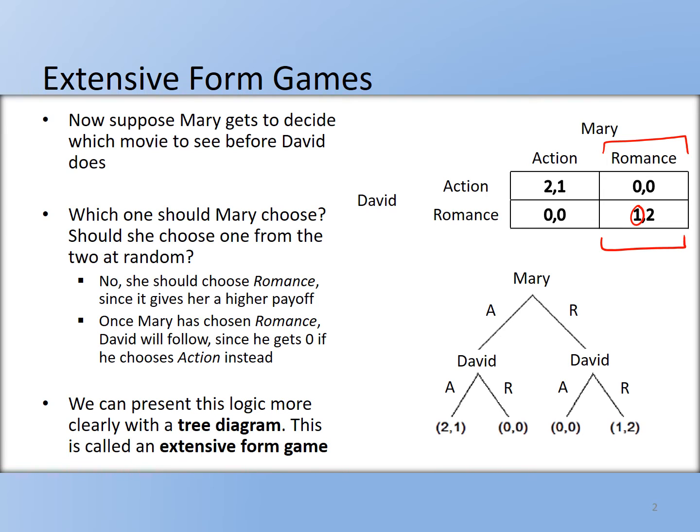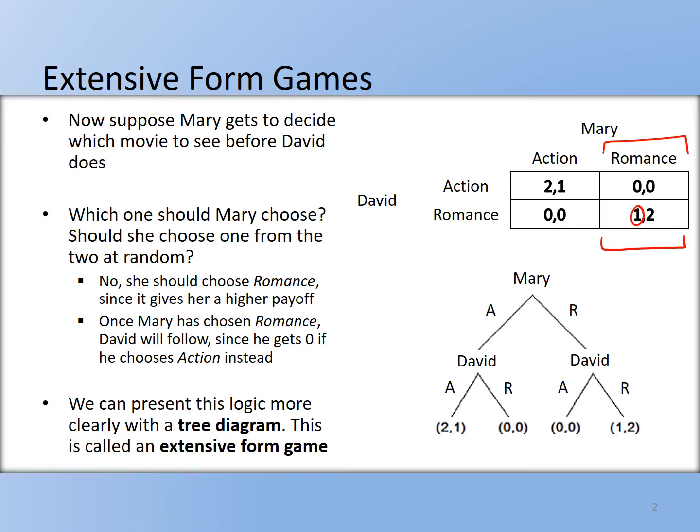Now, depending on what Mary chooses, you are in a very different state of the world, right? In one case, this David here, on the left-hand side, lives in a world where Mary has already chosen the action movie. On the right-hand side, you have another David. This David lives in the world where Mary has already chosen romance.